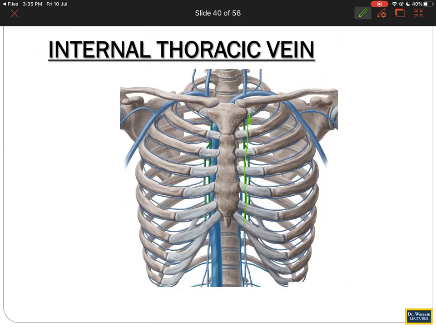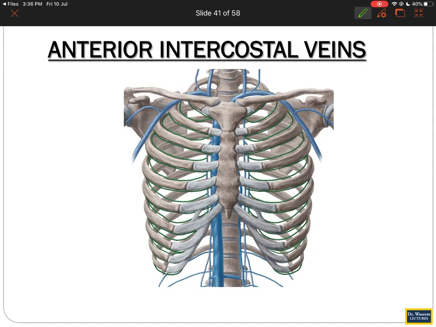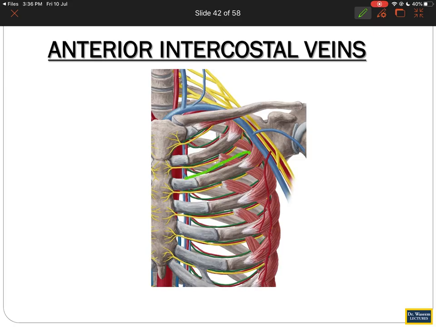It goes into the subclavian vein; the subclavian and internal jugular form the brachiocephalic, and both brachiocephalic will join together to form your superior vena cava. So with the intercostals, watch here again.